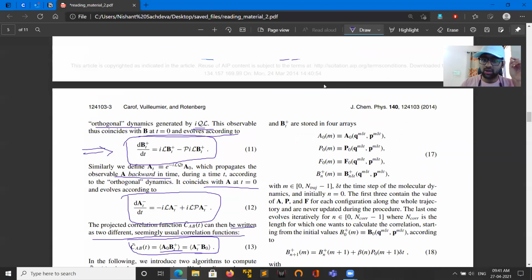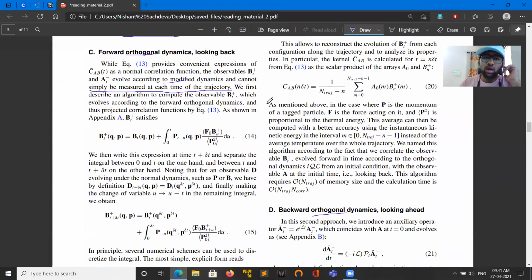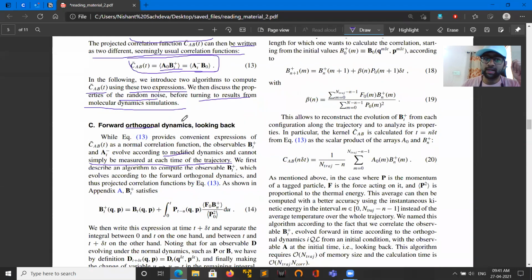We change things around here, right? Modified dynamics, and thus they cannot simply be measured at each time of the trajectory, which is okay. So we first describe an algorithm to compute the observable Bt plus, which evolves according to the forward orthogonal dynamics.